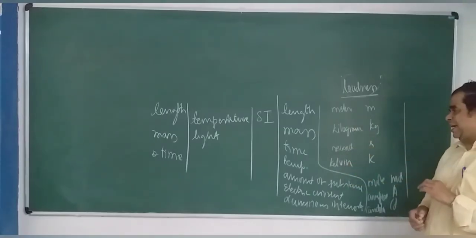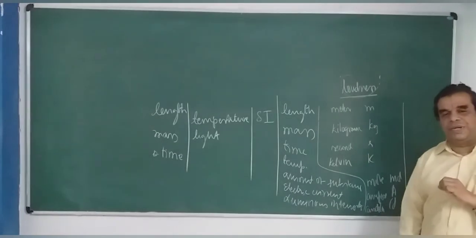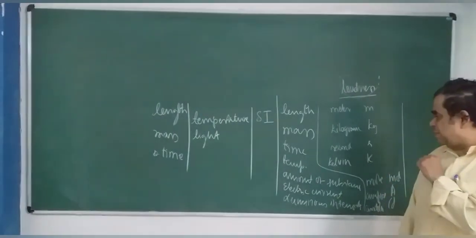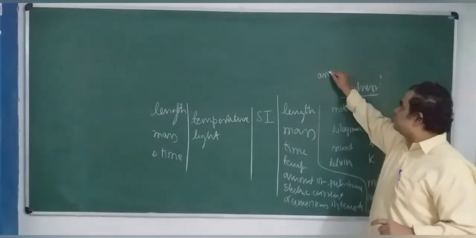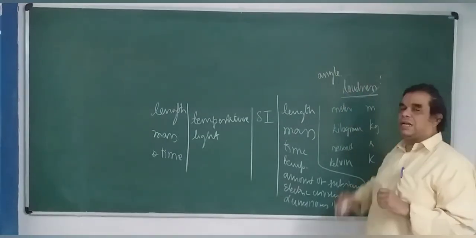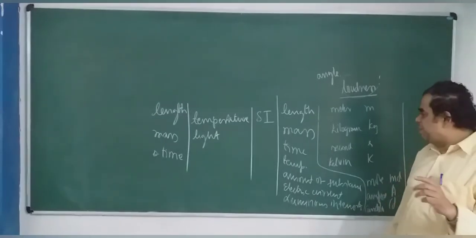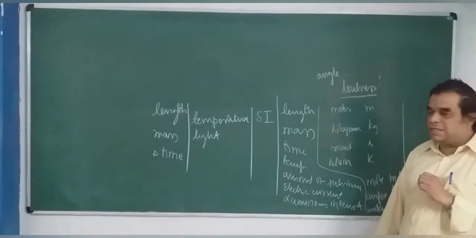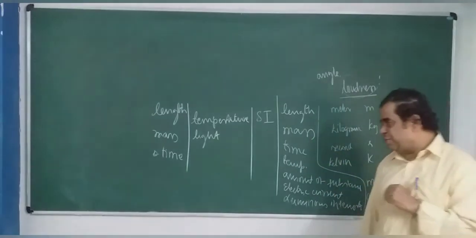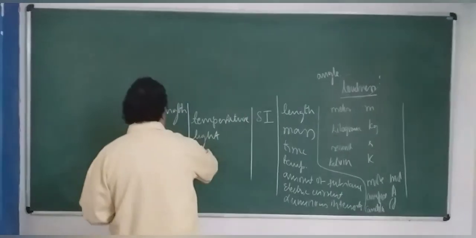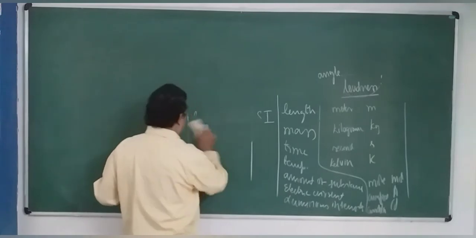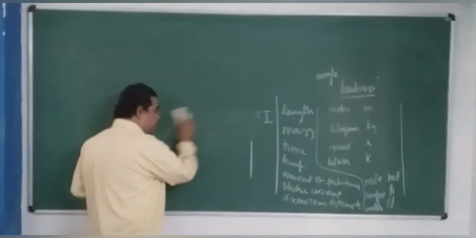With these basic ideas, there's one more question to be tackled. In all those 7 quantities we listed, can we measure the angle? That is our next question. Angle cannot be measured using any one of these 7. That's why the SI system introduced 2 more units for measurement of the angle. They are called auxiliary units.